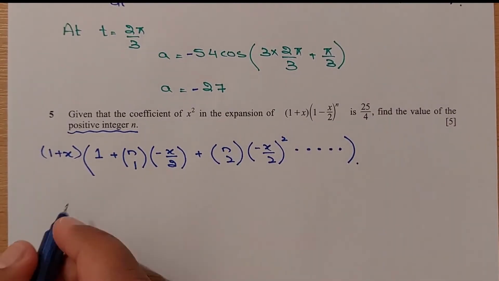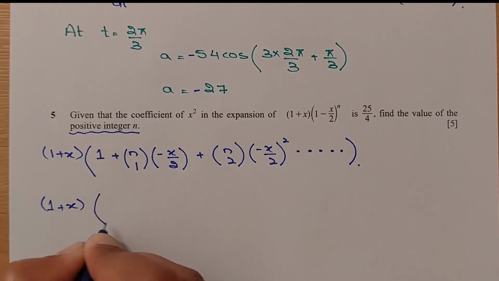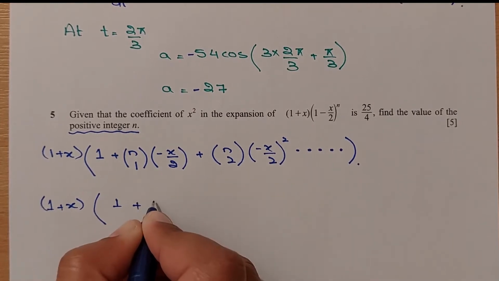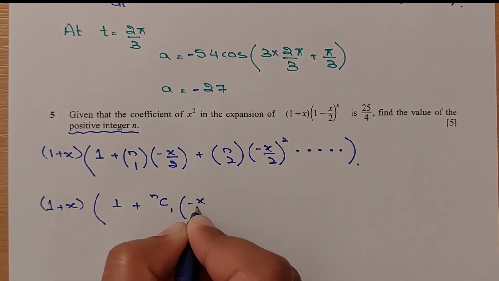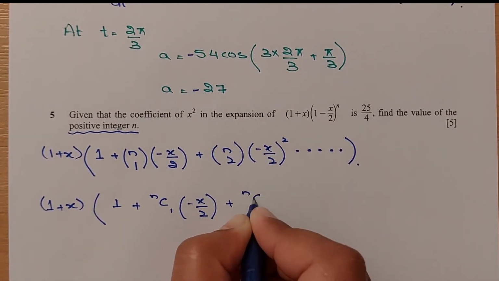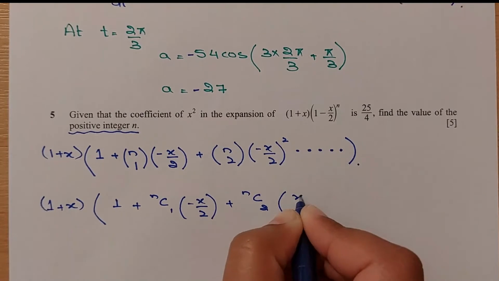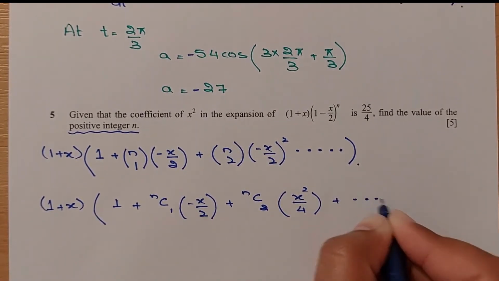Now let me simplify it further. 1 plus x into 1 plus nC1 times minus x by 2, plus nC2 times x squared by 4, plus so on, right?